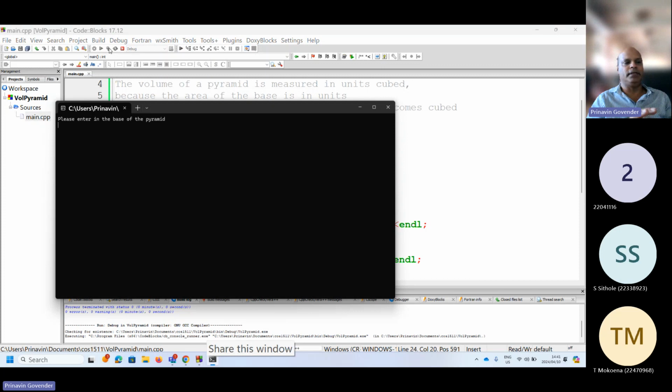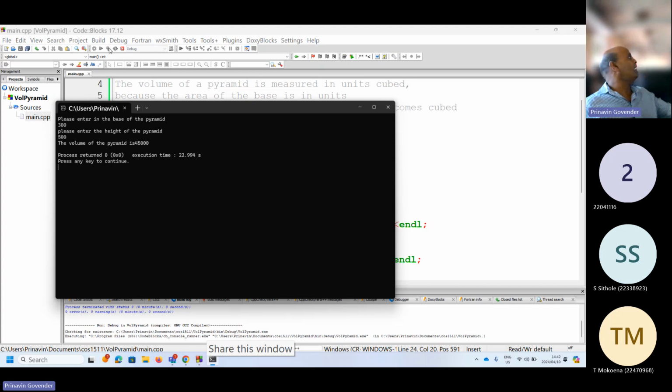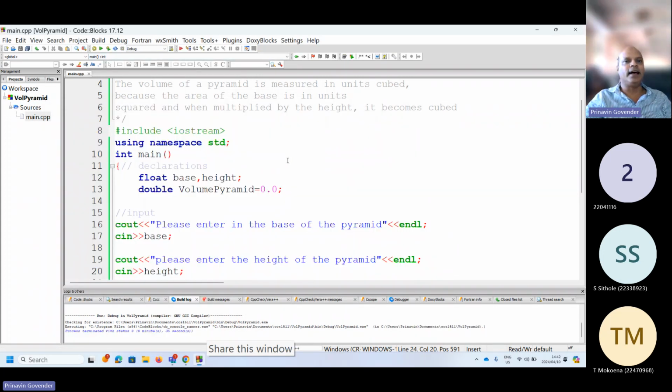The base of my pyramid is, let's say 300, multiplied by 0.3 is equal to 90. Multiplied by the height of the pyramid, another 500 meters. Multiplied by 500 is equal to 45,000 cubic meters, right? Cubic meters, not squares. Volume is cubes. And that is how it's done.